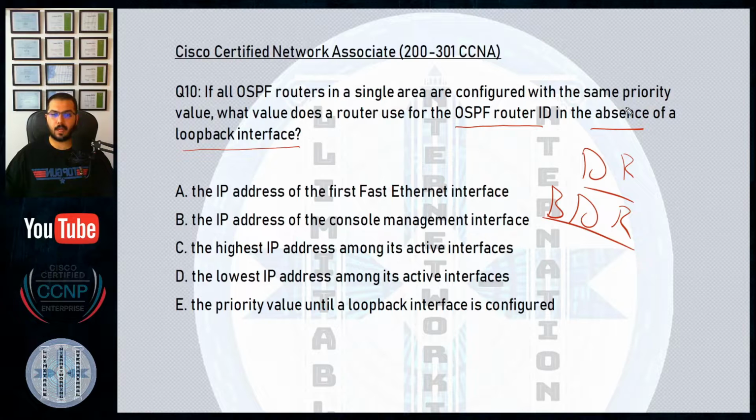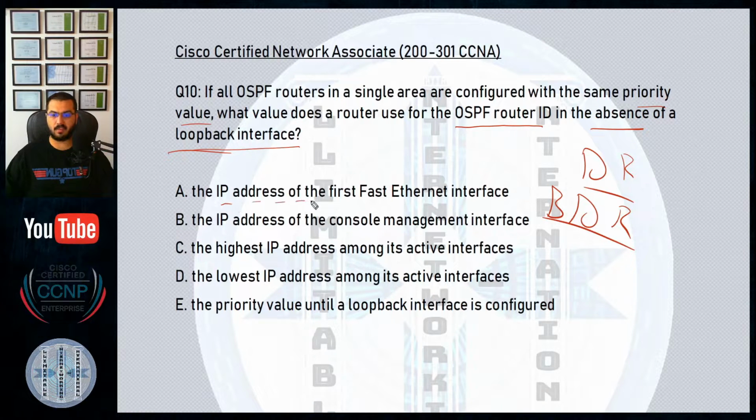Well, since all the priorities are equal, and since there is no loopback interface, then we will have to go to option 3, because option 1 is the highest router priority, all are the same. Option 2, the highest IP address of a loopback interface, no loopback interfaces here. Option number 3, the highest IP address of a physical configured interface.